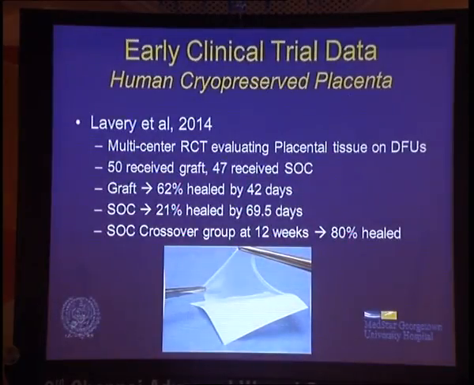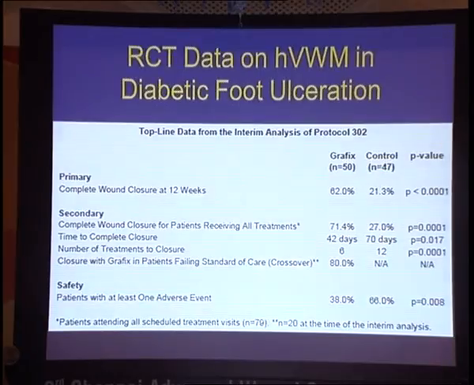In this particular study, Dr. Lavery looked at 50 patients who received graft and 47 that received standard of care. Of the graft patients, 62% healed within 42 days, and in the control group, only 21% healed in a 70-day period. Probably the most interesting part about this study was closure in Grafix patients who first failed standard of care.